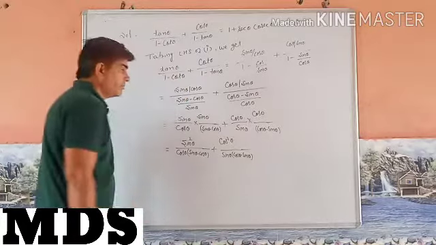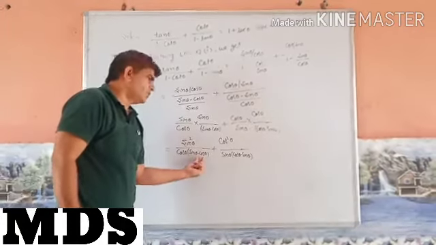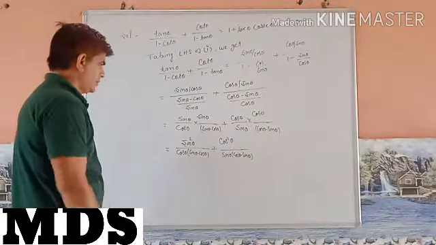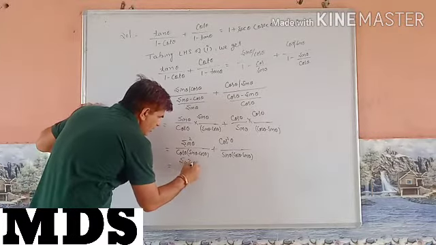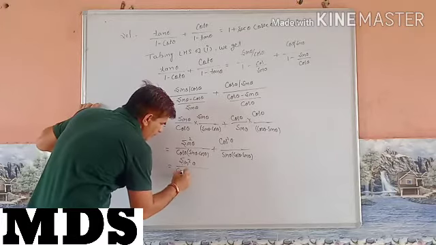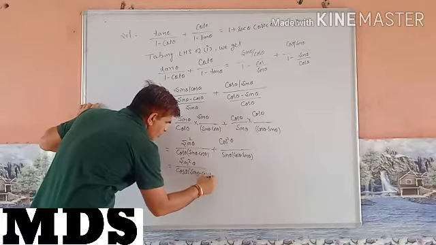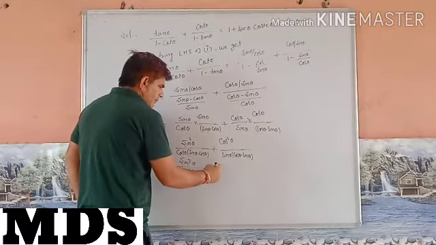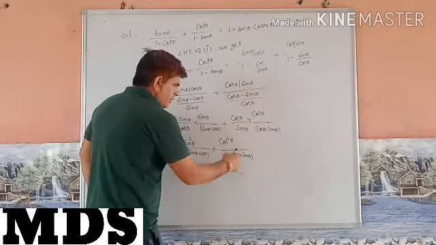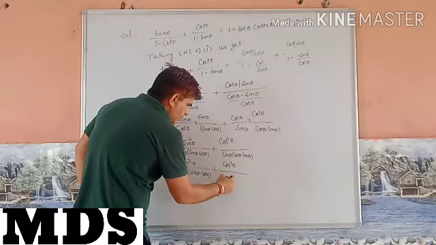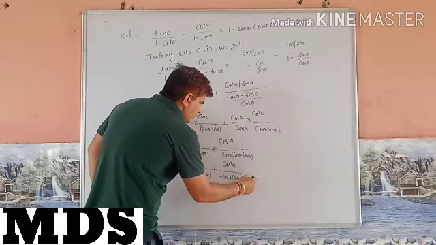Now again take LCM, but before taking LCM, convert this into this form. So you can take minus common, you can write sin square theta by cos theta into sin of theta minus cos of theta, plus cos square theta by minus taken common, so this becomes minus sin theta minus cos theta.